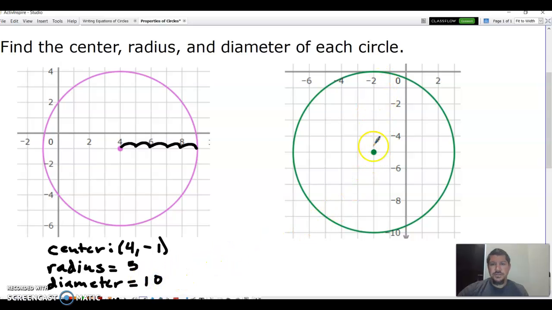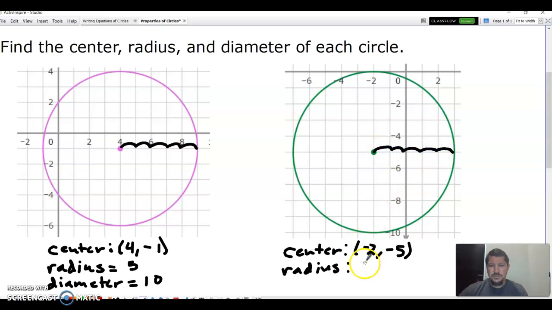So here this center is at (-2, -5). Radius is 1, 2, 3, 4, 5 again, and the diameter would again be 10.